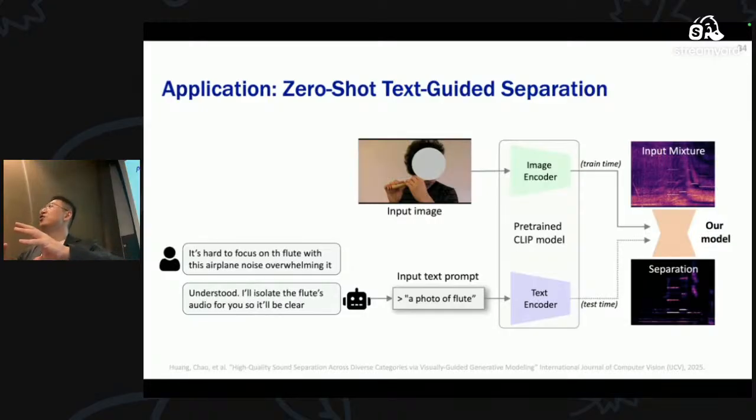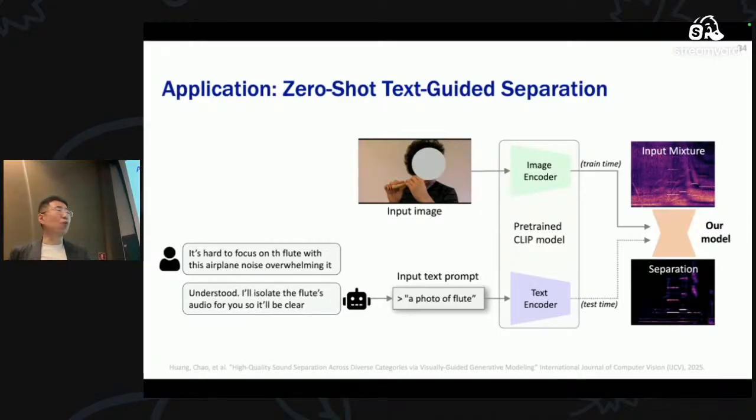You take any two sounds, mix them together, and use the diffusion model to separate them out. In other words, this training is essentially free. No human labeling is needed. It's totally unsupervised. You just sample any two to make a mixture, or even three. You can do that.